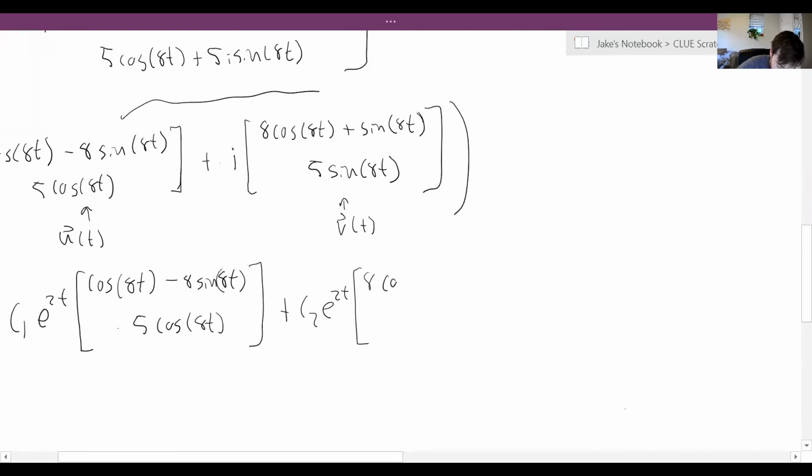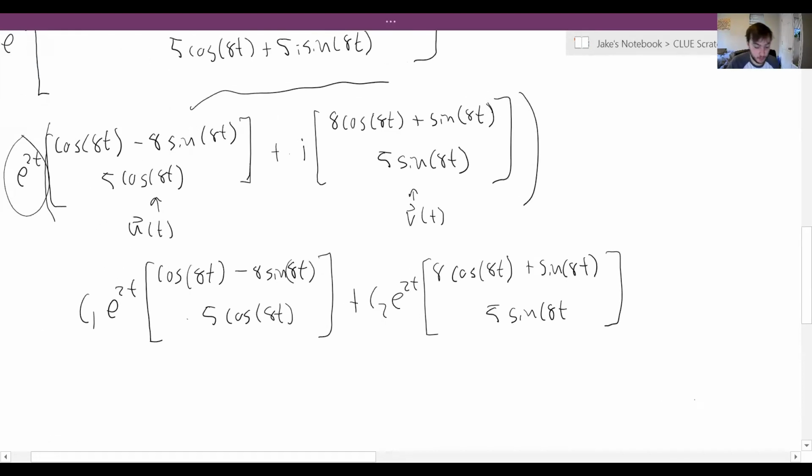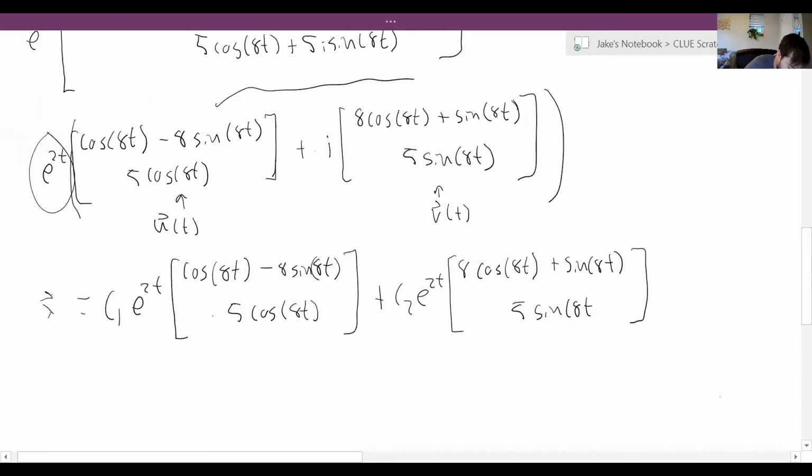So 8 cosine 8t plus sine of 8t. There you go. This is a general solution. This is x of t.